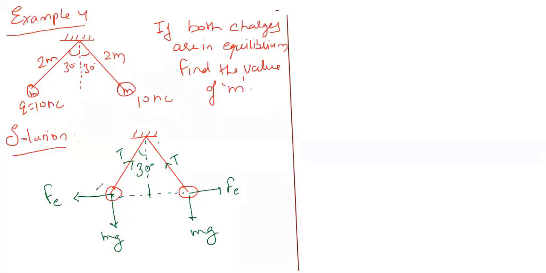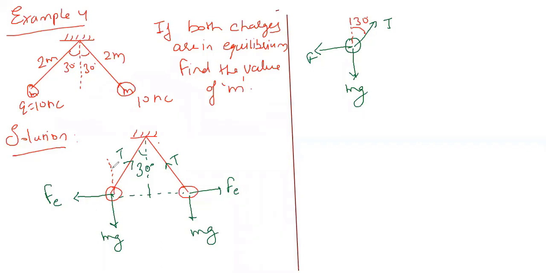So now we will try to solve. If we focus on the free body diagram of the single charge, it will look like this. This will be T, this will be F, and this will be mg. This angle will also be equal to 30, because here we can see the alternate interior angle property.